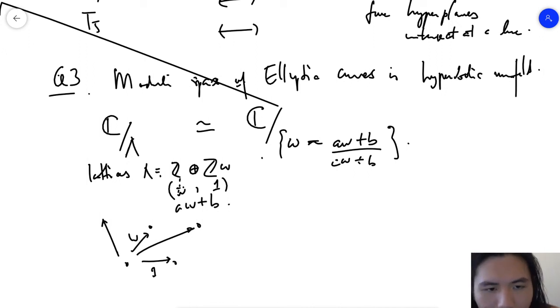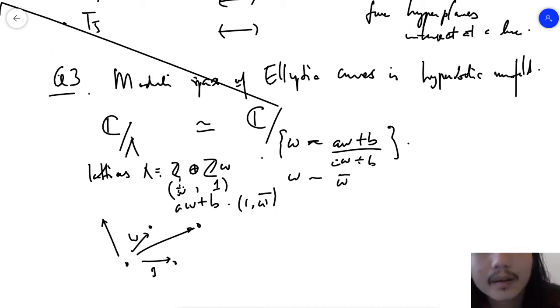And lastly, if we consider conjugation, 1 and omega bar, the complex conjugate, also generates the same kind of lattice. So we need to mod out this space again.